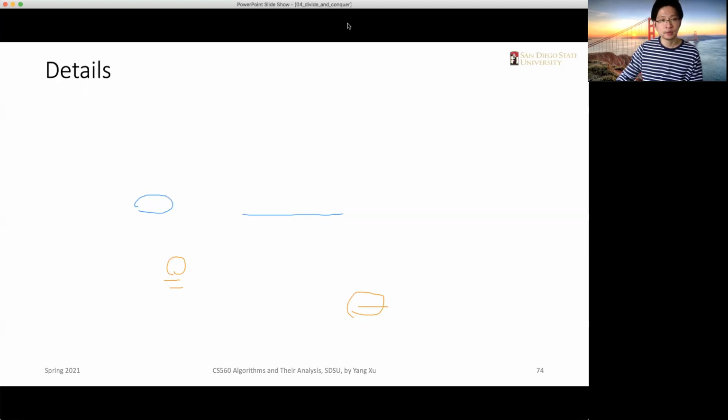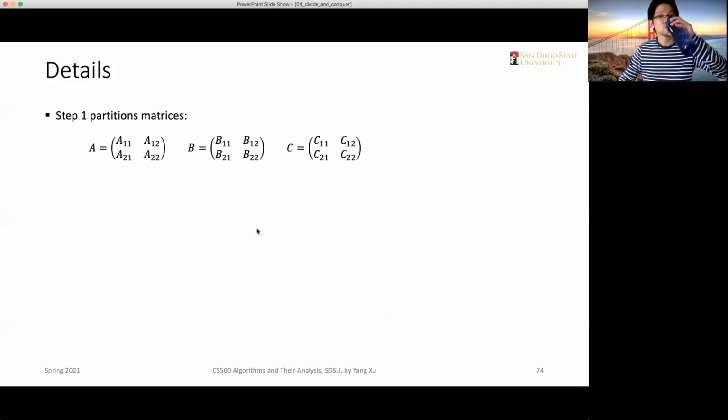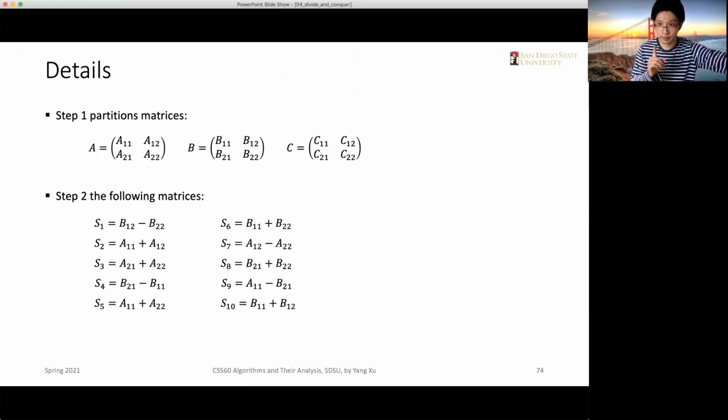All right, let's jump into the details. Step 1 is no different from the old way. Step 2, remember, we need to compute some intermediate matrices, which are the capital S matrices, right? We have 10 intermediate matrices from S1 to S10.